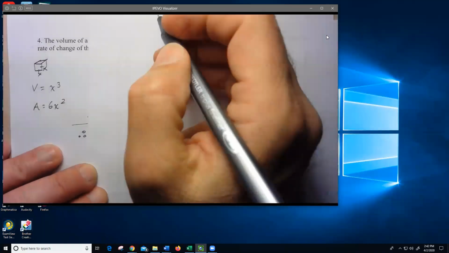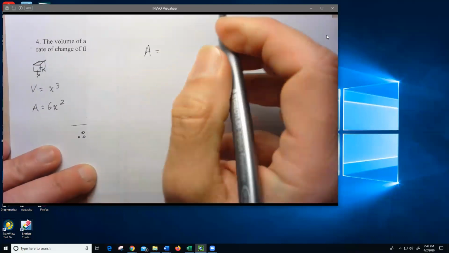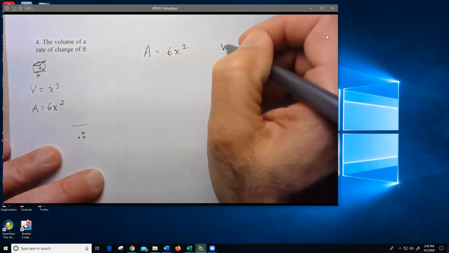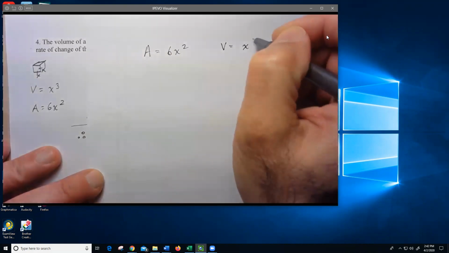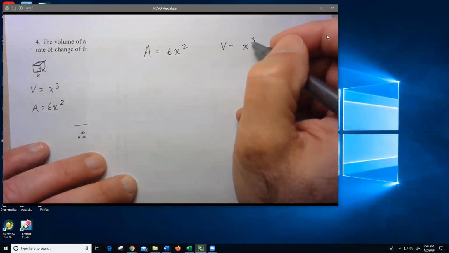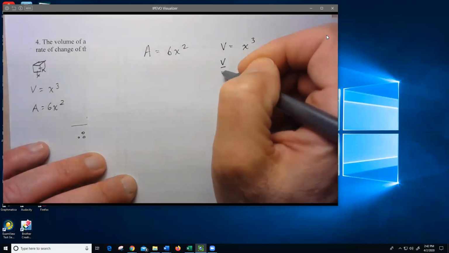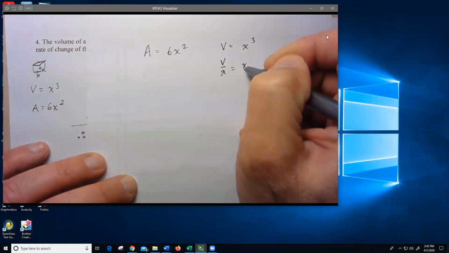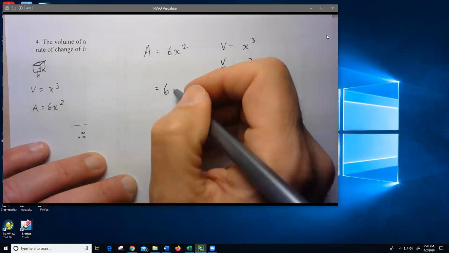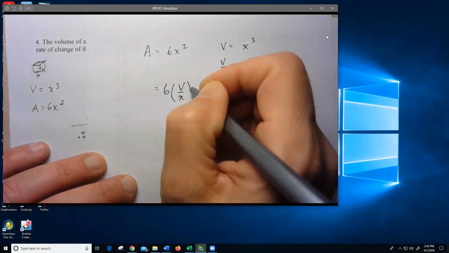They said, well, I have A is equal to 6x squared, and V is equal to x cubed. And so they said, wait a minute, if I divide both sides by x, actually that's clever, I don't think I've ever seen anybody try that one, V over x is equal to x squared. And so now I can just replace x squared by V over x, okay?